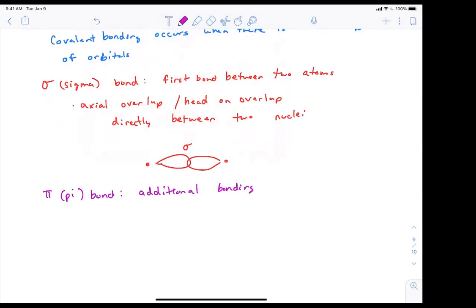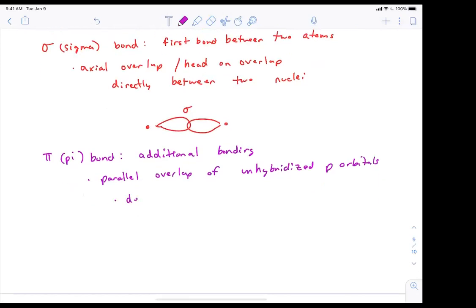And since you can't take up the space that's in between the two nuclei, this is caused from a parallel overlap of unhybridized p orbitals. And here the density occurs above and below the plane.